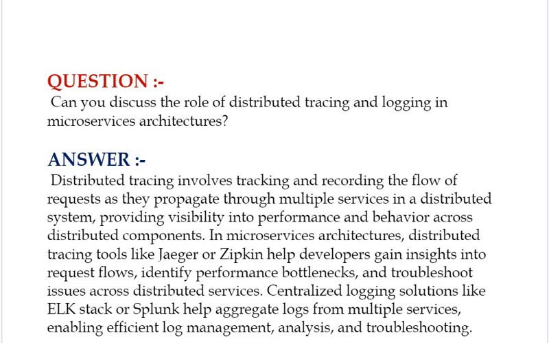Our next interview question is: can you discuss the role of distributed tracing and logging in microservices architectures? Your answer should be: distributed tracing involves tracking and recording the flow of requests as they propagate through multiple services in a distributed system, providing visibility into performance and behavior across distributed components.